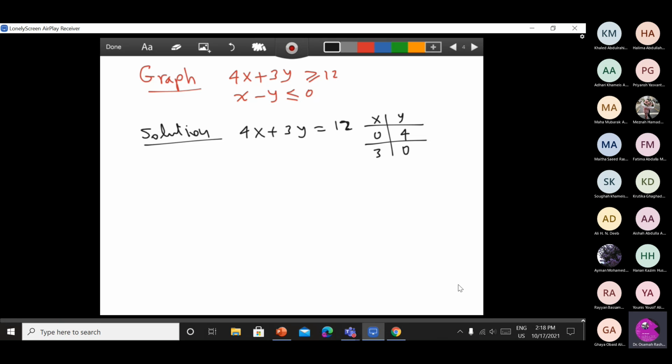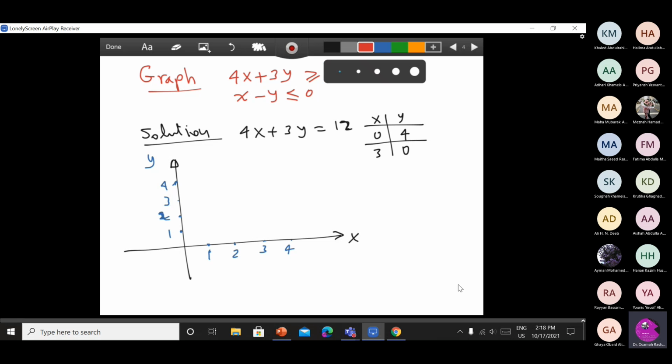Okay, let's graph it. Now we are revising the line equation as well, right? So I can scale x and y. X maximum is 3, so I have 1, 2, 3, and y is 4: 1, 2, 3, and 4.